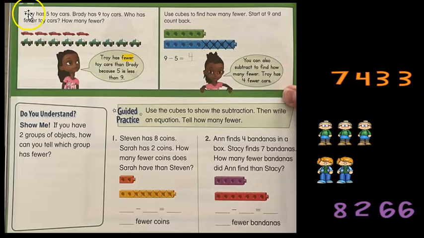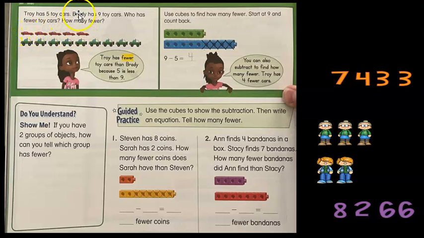Now, look right here again. Let's read. Troy has 5 toy cars. Now, how many toy cars does Troy have? 5. It says here 5. So look here at this first row. There are 5 toy cars that they drew here for you. 1, 2, 3, 4, 5.